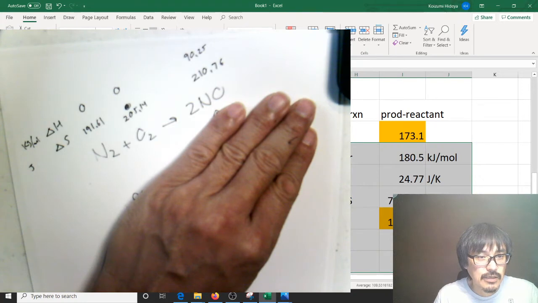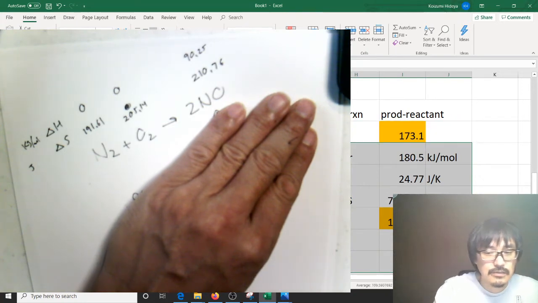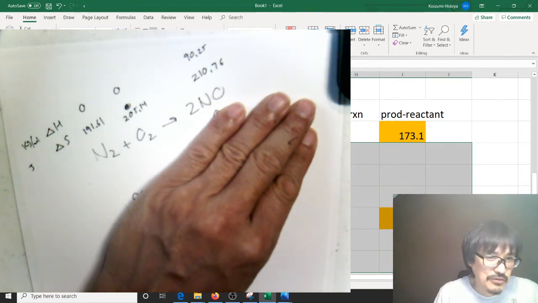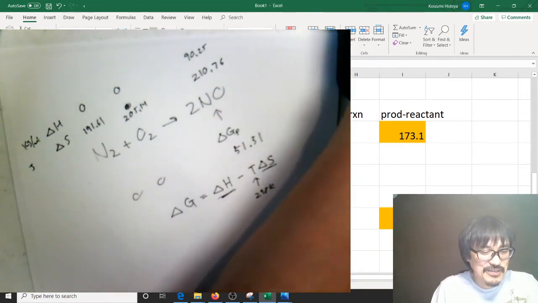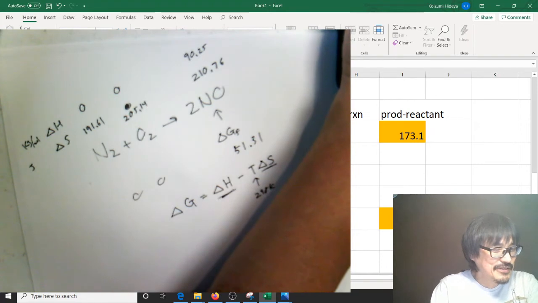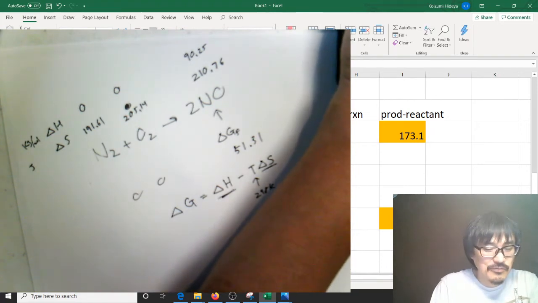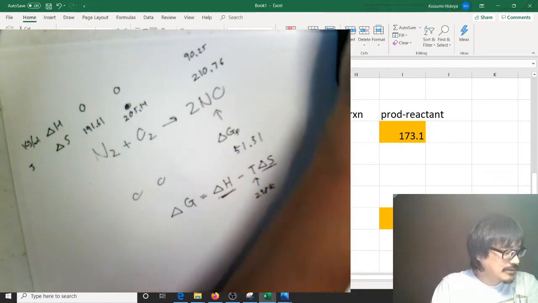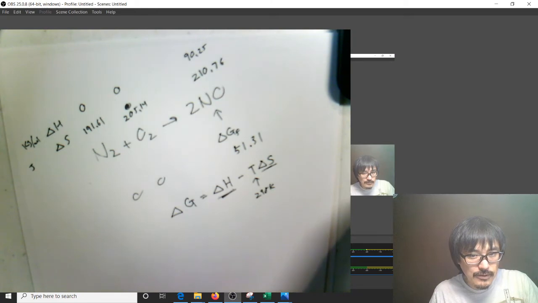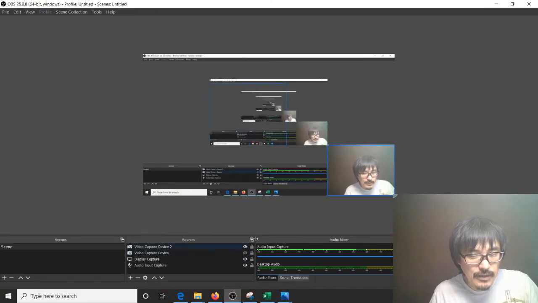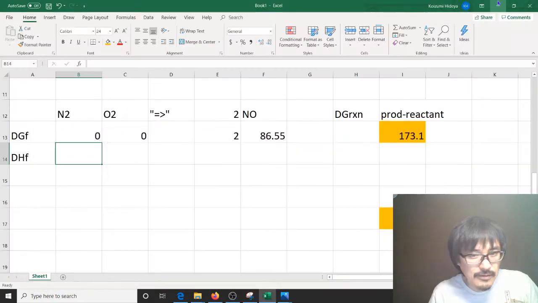So let me just erase all of these, just because this is a take 2, right? So the delta H of formation, sorry, delta H of formation. Did I actually turn off the screen? No, I didn't. Great, I caught that, same mistake.